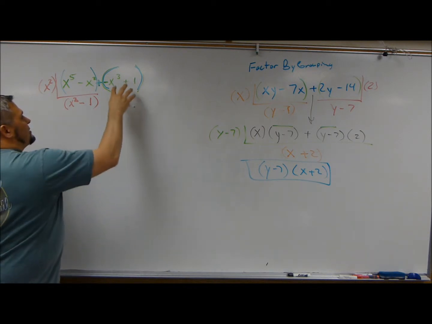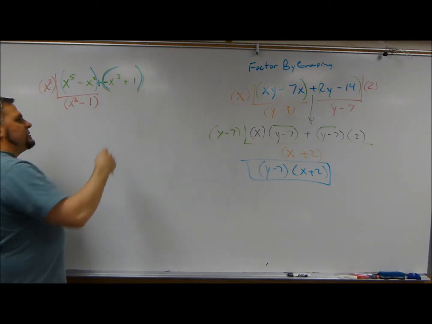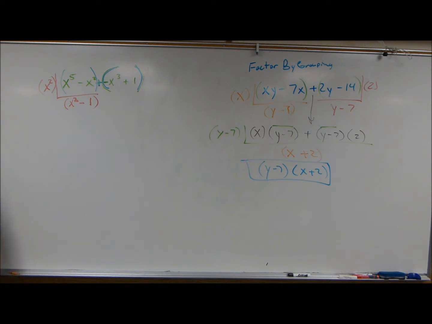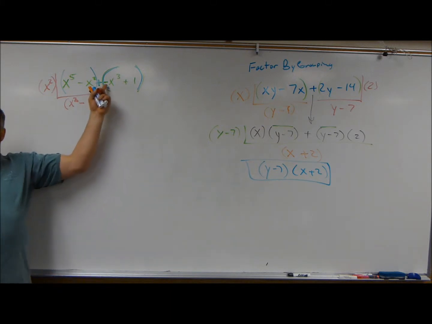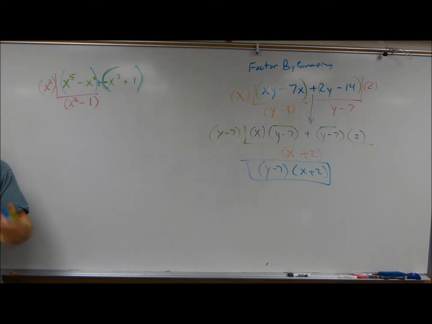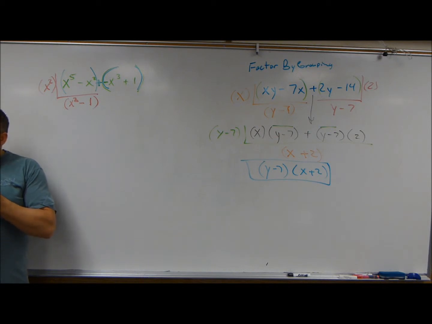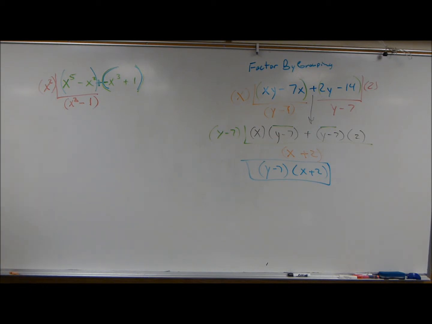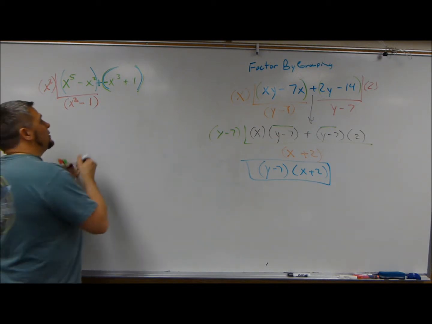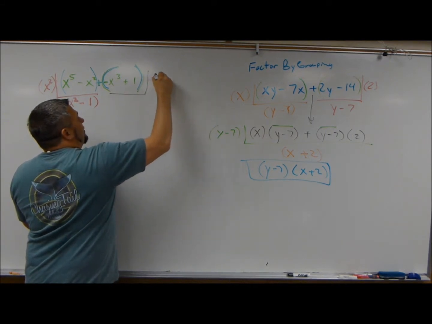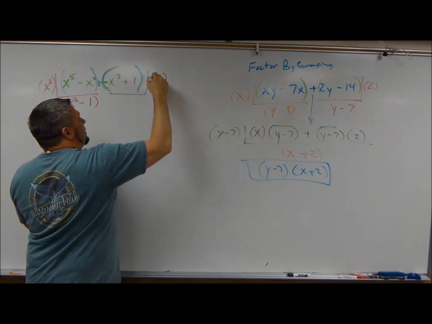All right, and so over here, a lot of students look at this one and they go, well, there's nothing really you can do, and it's done. Well, it's kind of done, except for the fact that there's a negative out front. And negatives are kind to us, so we want to take care of them. And so we want to pull out a negative.